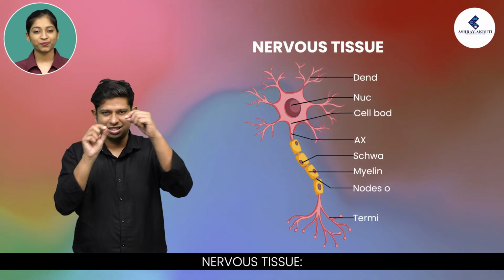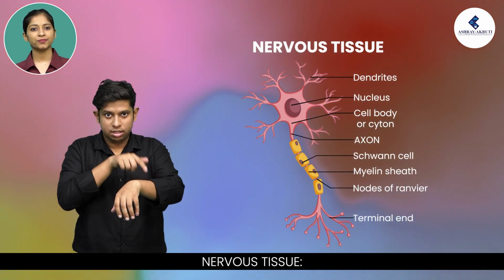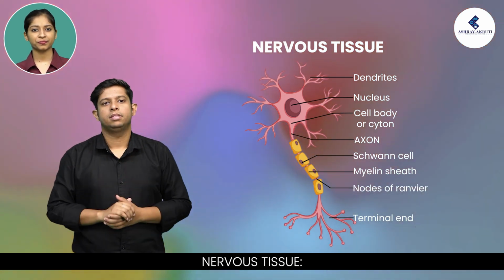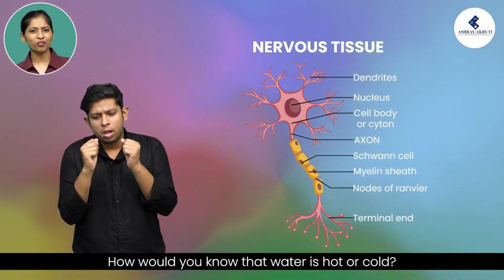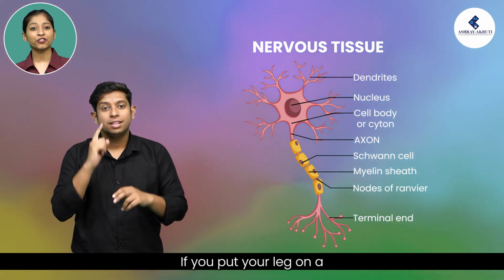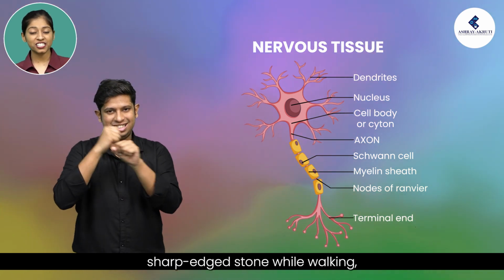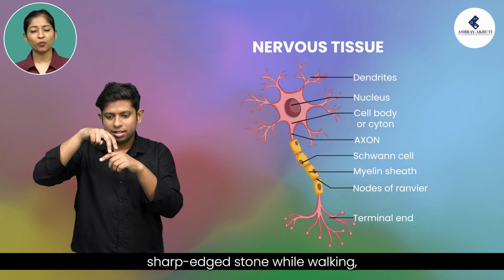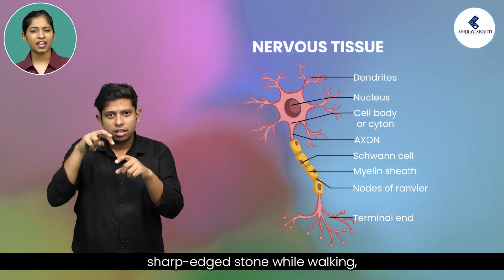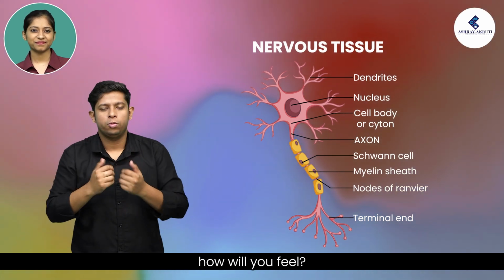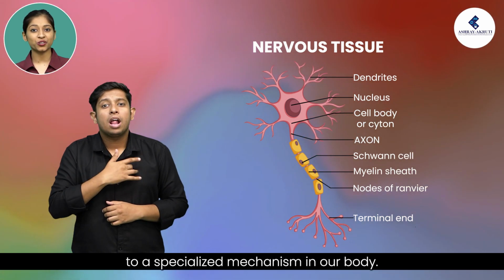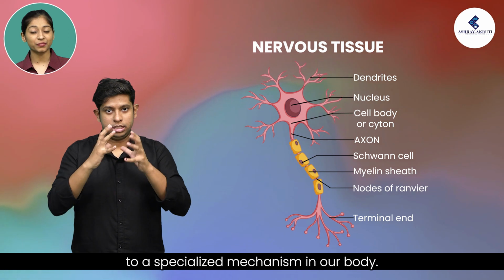Nervous tissue. How would you know that water is hot or cold? If you put your leg on a sharp-edged stone while walking, how will you feel? The feeling is due to a specialized mechanism in our body.